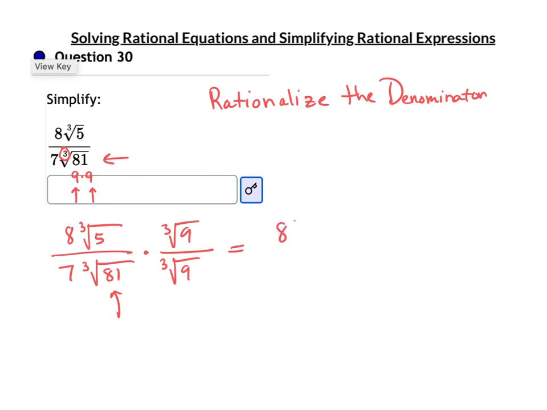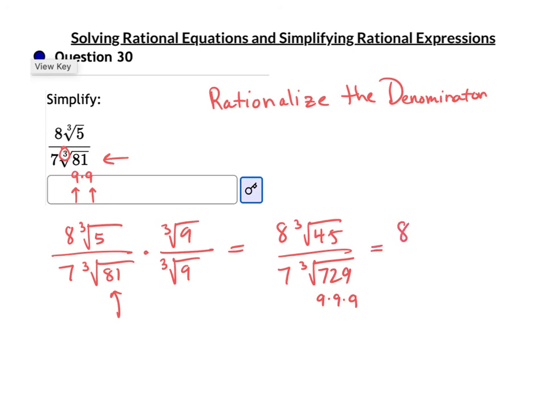This will be 8 times the cube root of 45 over 7 times the cube root of 729. Now we know that this is 9 times 9 times 9. It's 9 cubed. And the cube root of 9 cubed would be 9.